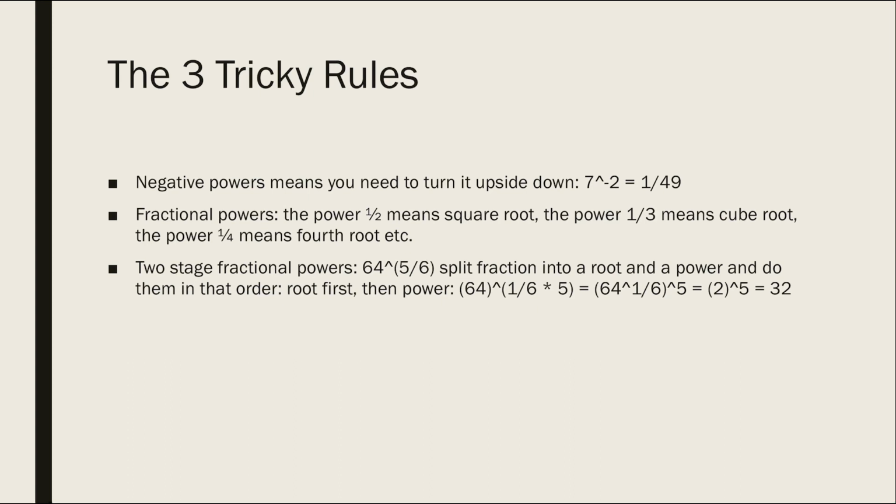So here, 64 to the power of 5 over 6 could also be written as 64 to the power 1 over 6, times 5. So that means 64 to the power 1 over 6, which is equal to 2. And then we have to raise it to the power of 5, because remember, we split 5 over 6 into 1 over 6 and 5. So as we do that, we get the result to be 32.